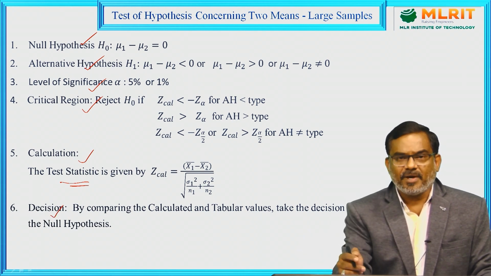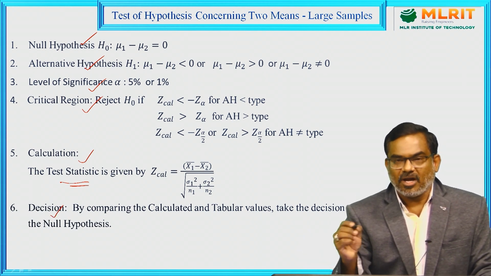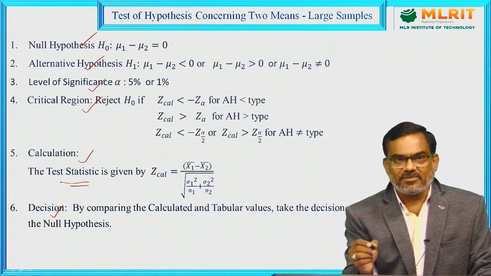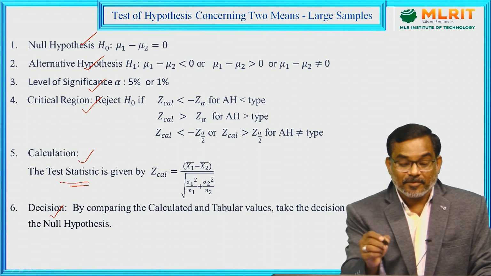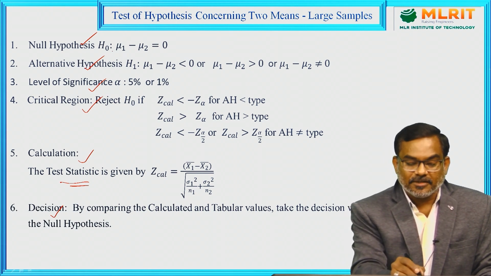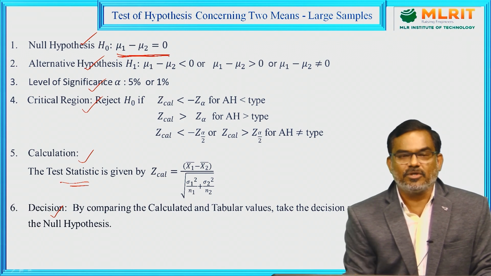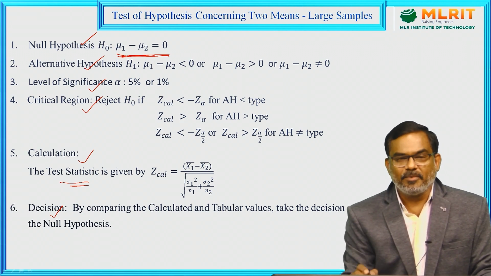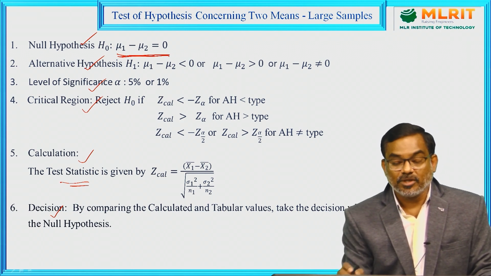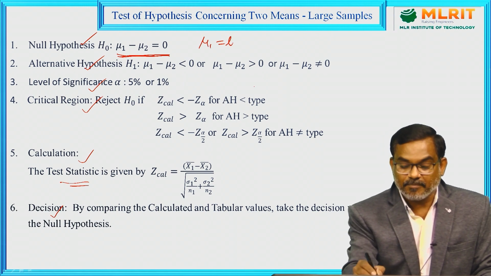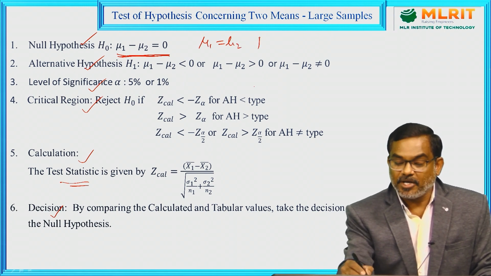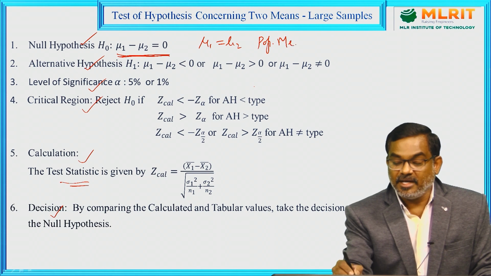In test of hypothesis concerning two means for large samples, we test whether the two population means are the same or not. So we consider the null hypothesis H0 as mu1 minus mu2 equal to 0. Equal to 0 means mu1 equal to mu2. Both the populations are the same; both population means are equal.